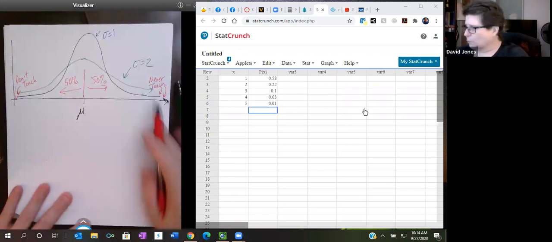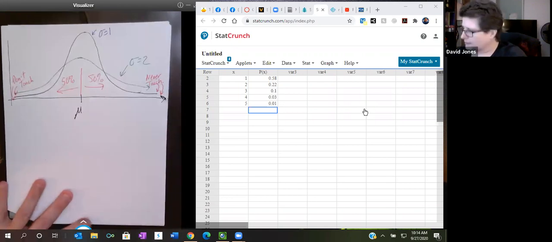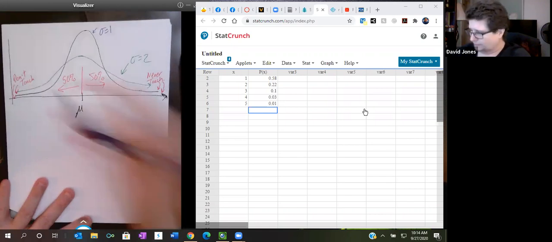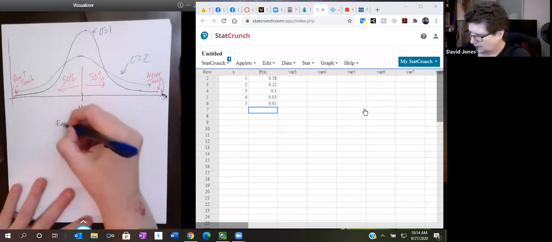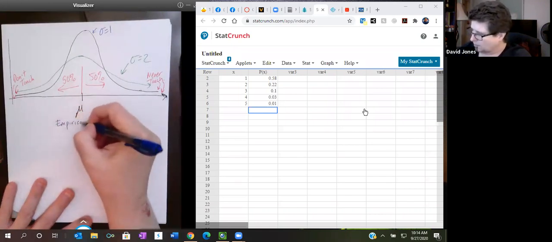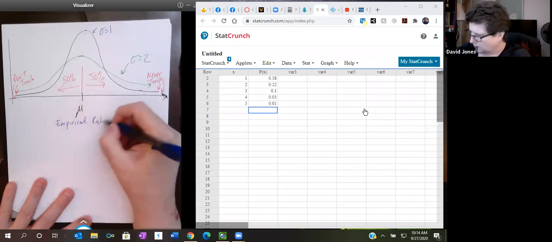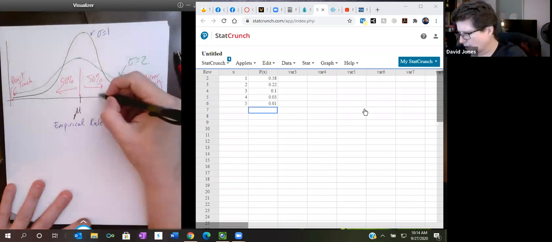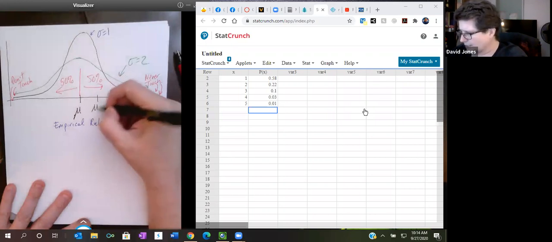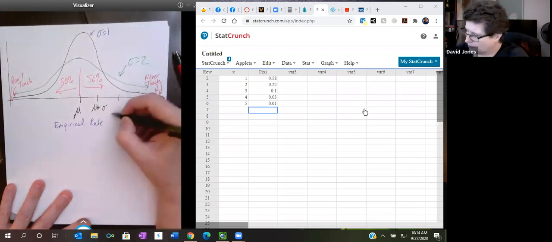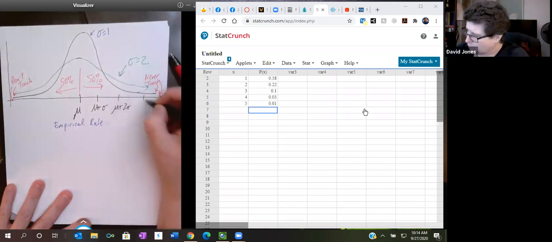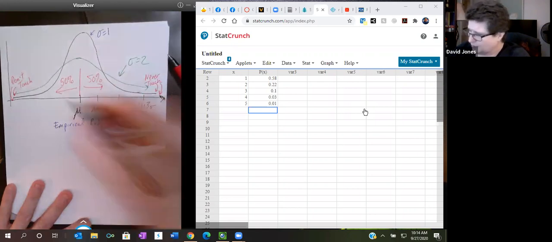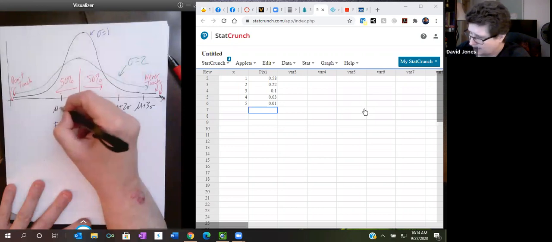This matches up well with our empirical rule. So I'll bring it up again. Let's do the empirical rule. And I'll just label them here. Mu plus sigma, mu plus 2 sigma, mu plus 3 sigma, and we go the other way, we subtract sigmas.